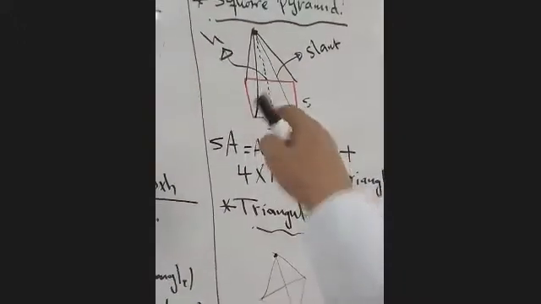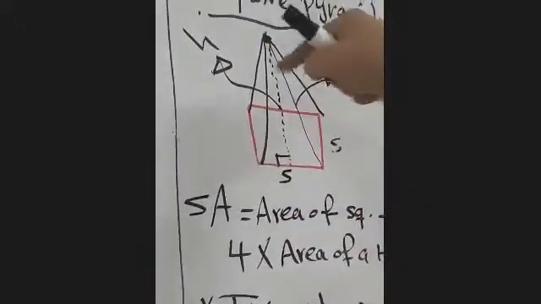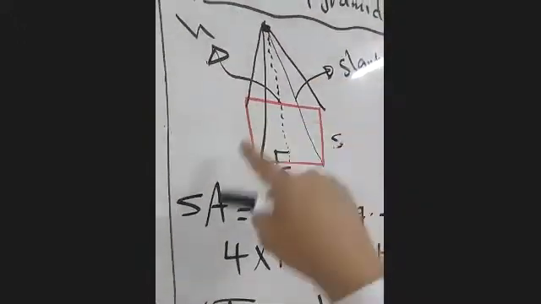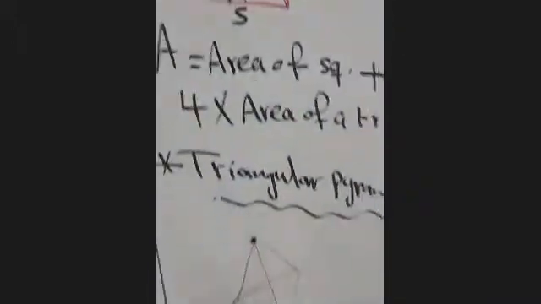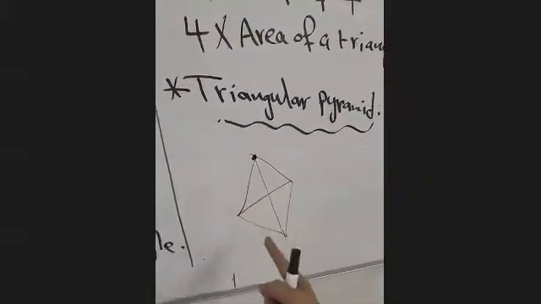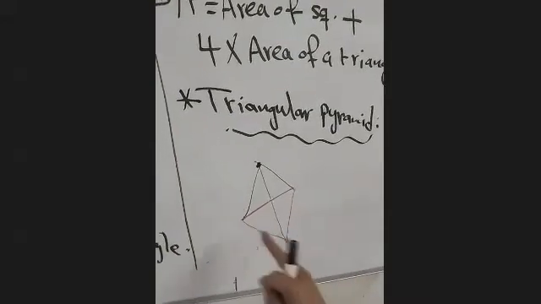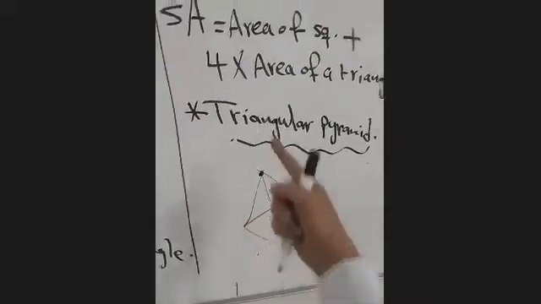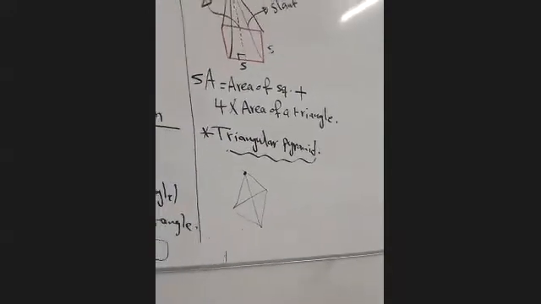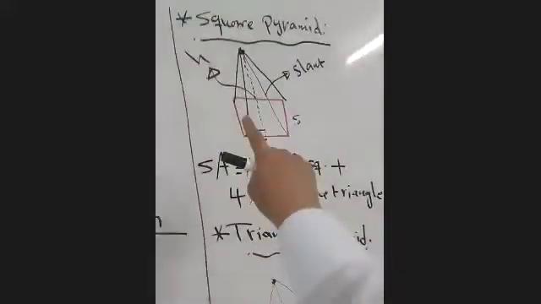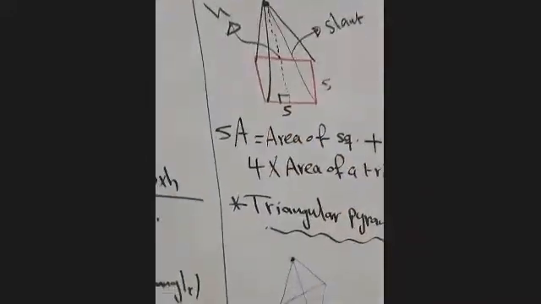Not 4 like before, because there we have 4 sides and each side is a base for a triangle. Here, we have 1 base with 3 sides, and each side is a base for a triangle. So there we have 5 faces, but here we have 4 faces.